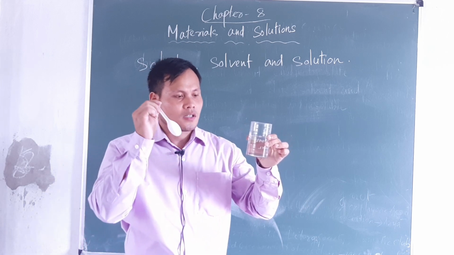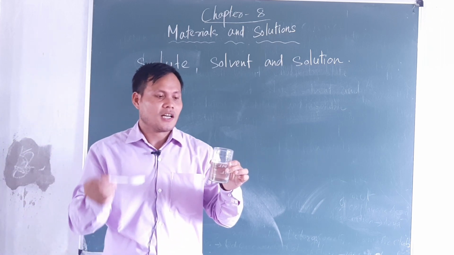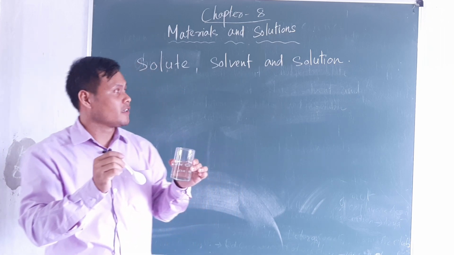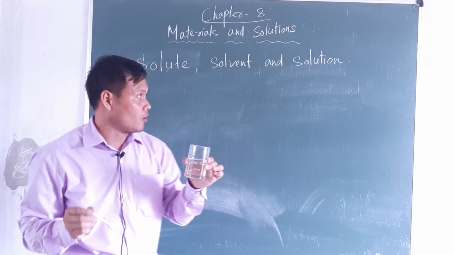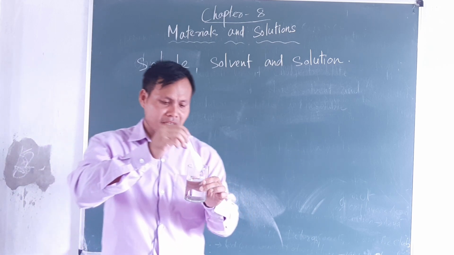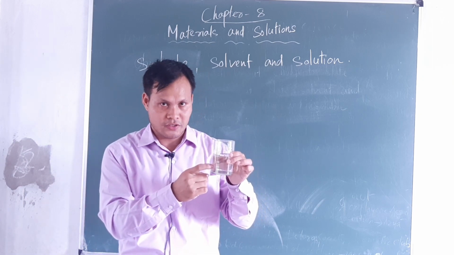So the water in which I am putting the solute is the solvent. That means here the water is the solvent, right? And after getting mixed up, it has turned into a solution. Now this is a solution, right?